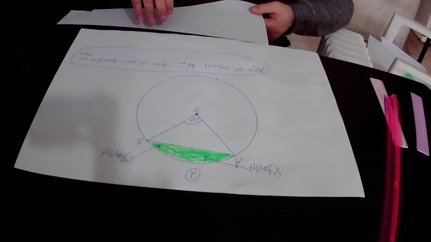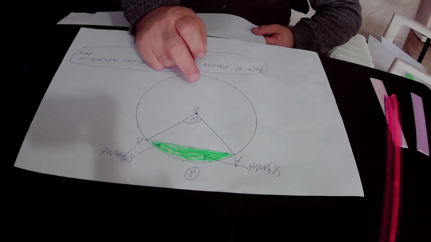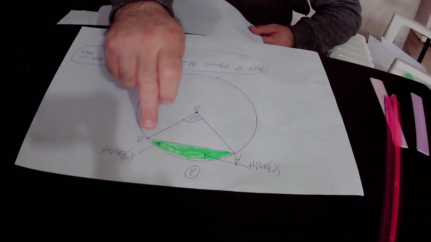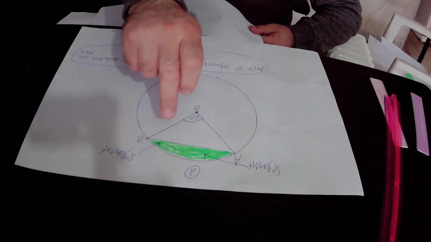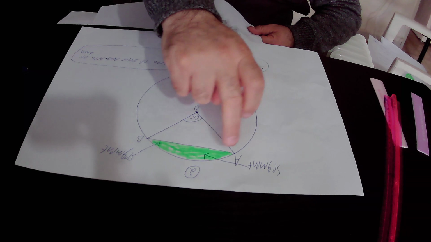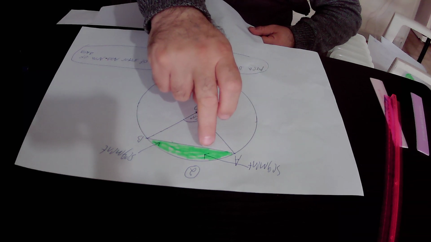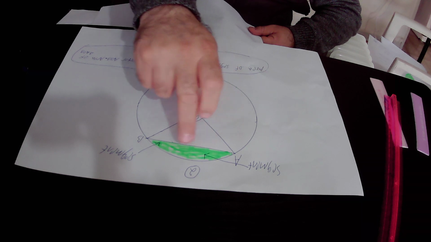Here, the segment is the area that is bounded between arc AB and chord AB. Again, the area bounded by arc AB and chord AB is the segment AB in the green color.